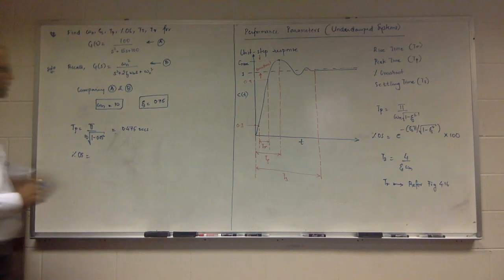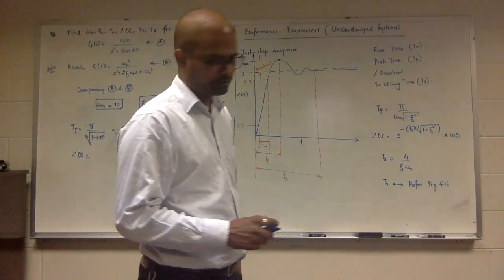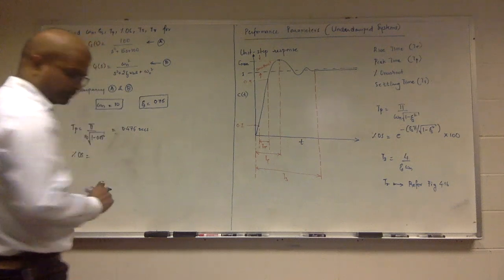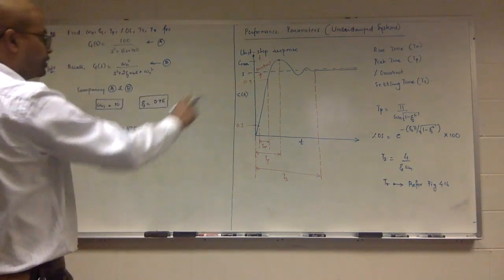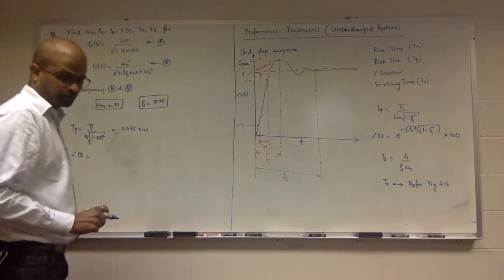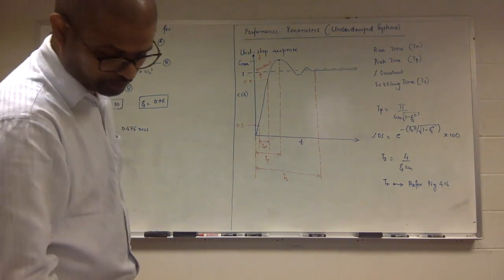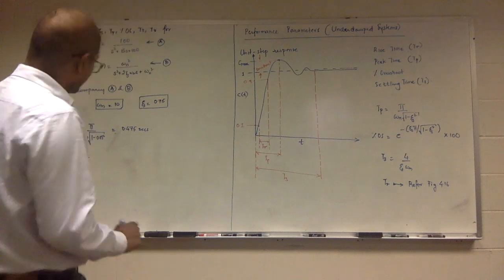If you look at this zeta, you remember these. Well, we'll solve this first. So percentage overshoot, you just use that formula, and you're going to get 2.838.